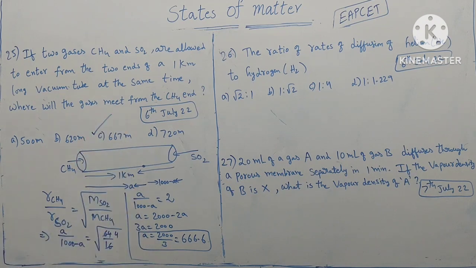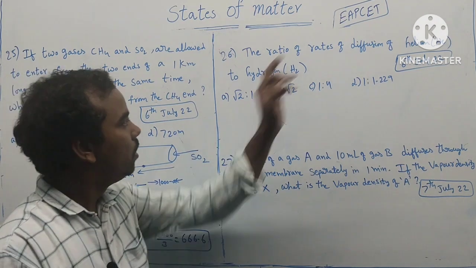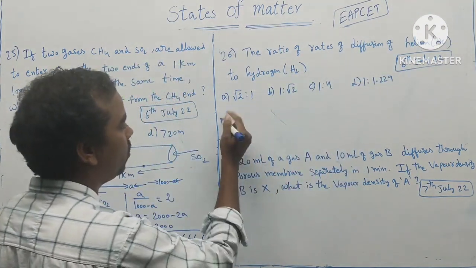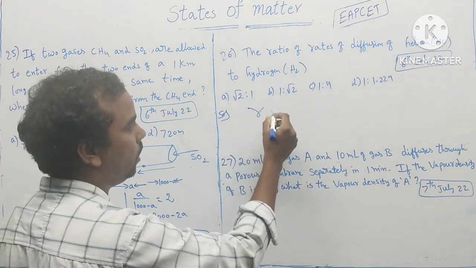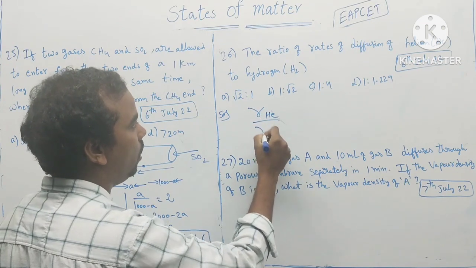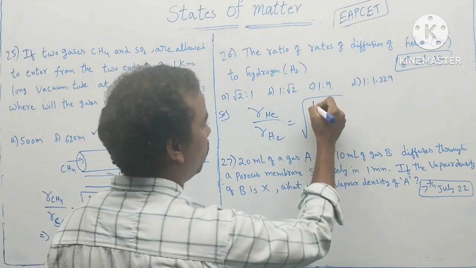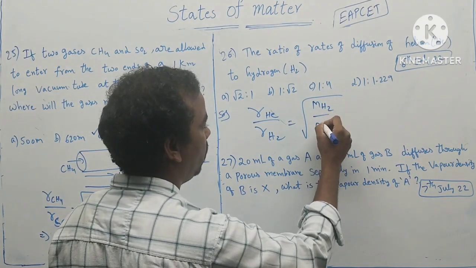So the answer is nearly 666.7. Next question: the ratio of rates of diffusion of helium to hydrogen. Very easy. The ratio of the rate of diffusion of helium to the rate of diffusion of hydrogen is the square root of the molecular weight of H2 by the molecular weight of helium.